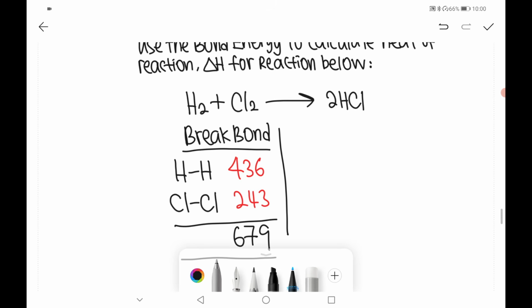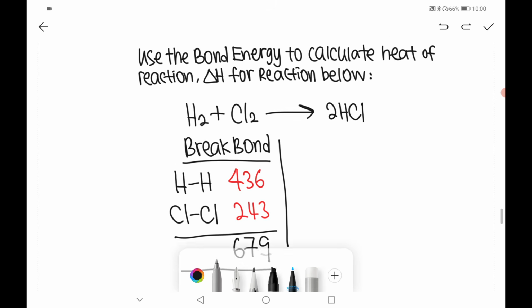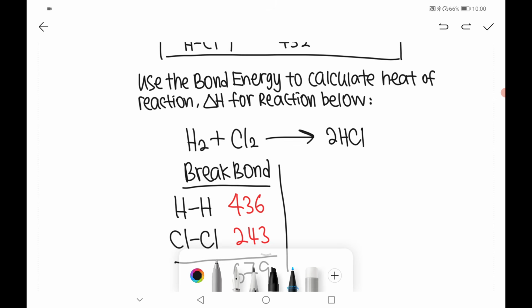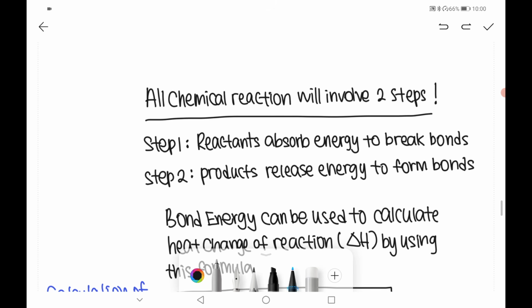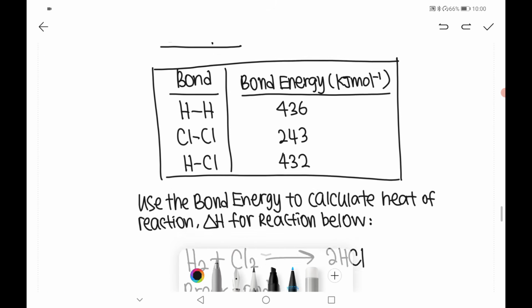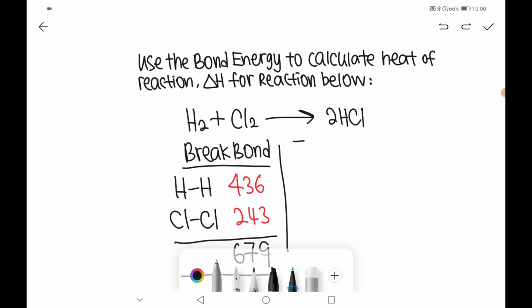Next, go to the right hand side. The right hand side is the product. With product, we need to form the bond. What are the bonds that we need to form? We need to form HCl.